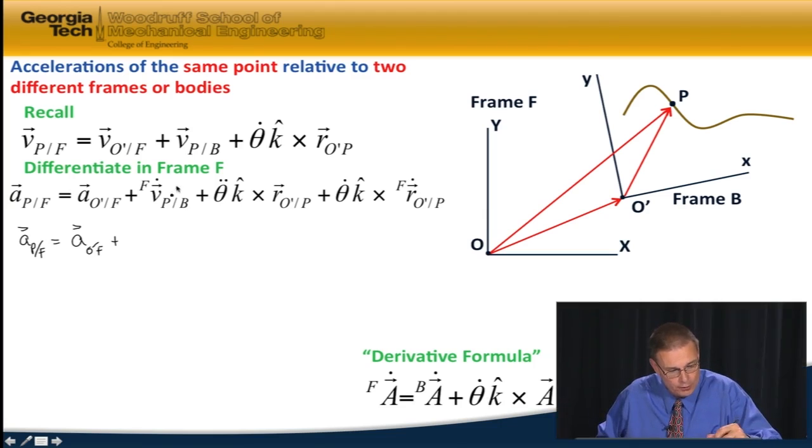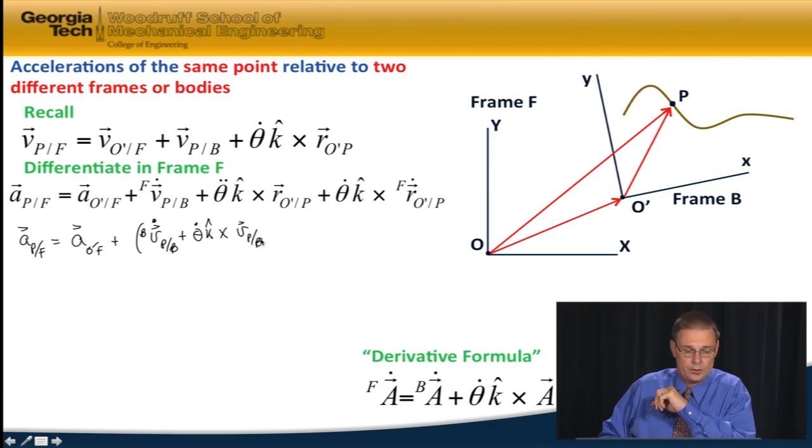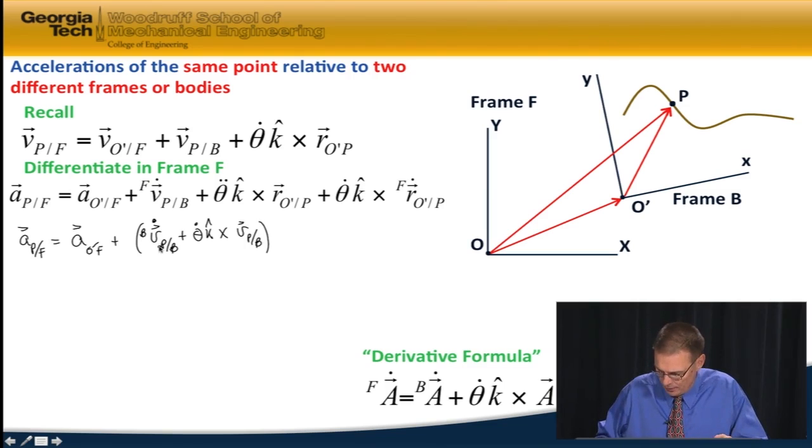So that's going to give us the derivative of the velocity of P with respect to B, taken in the B frame, plus how the B frame is rotating, theta dot K, crossed with the vector itself, which is the velocity vector of P with respect to B. My next question is, tell me what this term here is. Write it in simpler terminology.